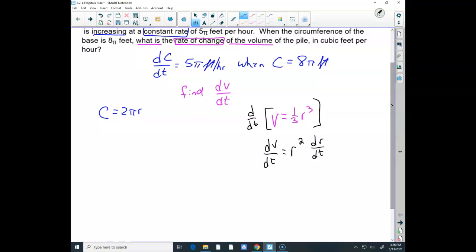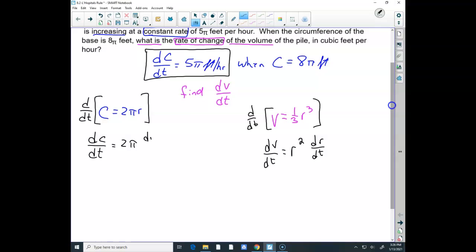Okay? But I do know I have the rate of change of circumference here. So if I took the derivative of my circumference, I get dC/dt equals 2 pi dr/dt, right? So I can solve, they gave me information to find dr/dt.